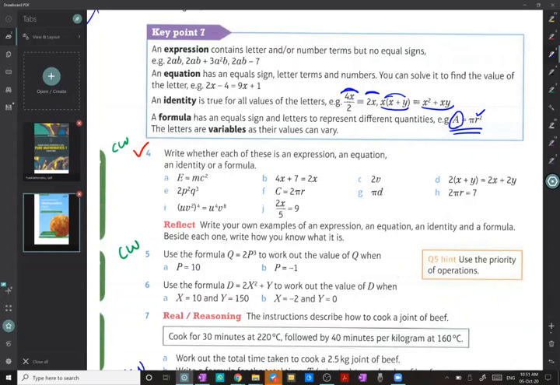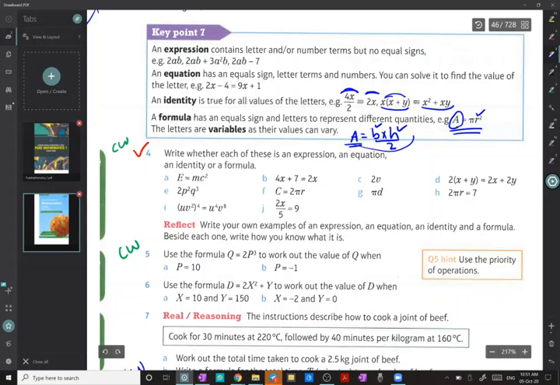If we want the area of a triangle, it's A equals base times height over 2, which means that if they give you the value of the base and the value of the height, you are going to find the value for the area of this triangle.